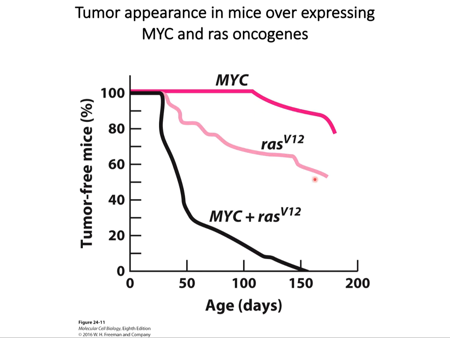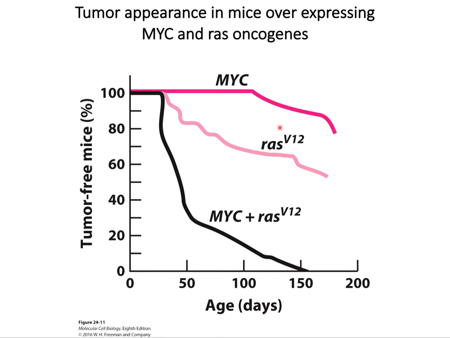So when the scientists monitored these mice over time and calculated the percentage of tumor-free mice, you can see that mice expressing just the MYC oncogene remain tumor-free for quite some time, maybe under 125 days or so. And then you start to see tumors accumulating in these mice.